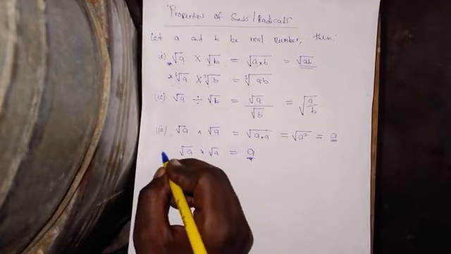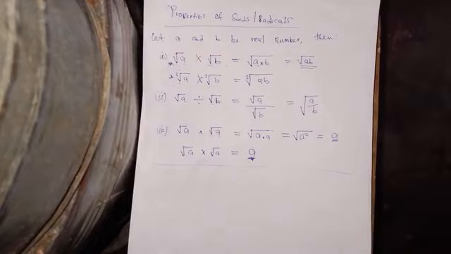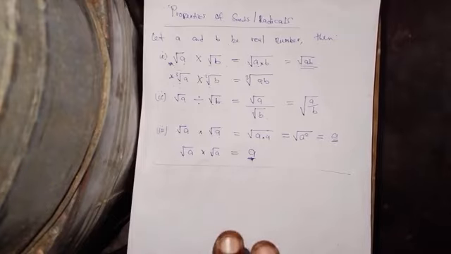This is the concept we're supposed to have, the three main properties you're supposed to have, even as you will be simplifying radicals or surds, this concept concerning surds and radicals.